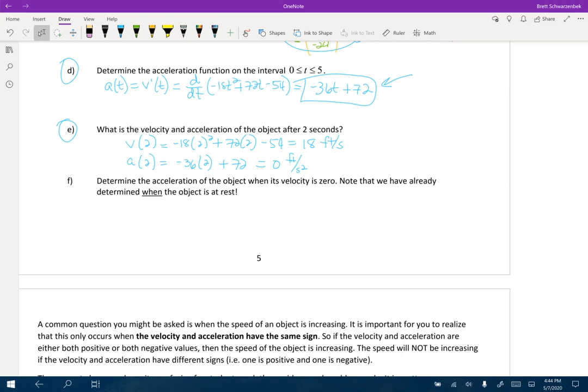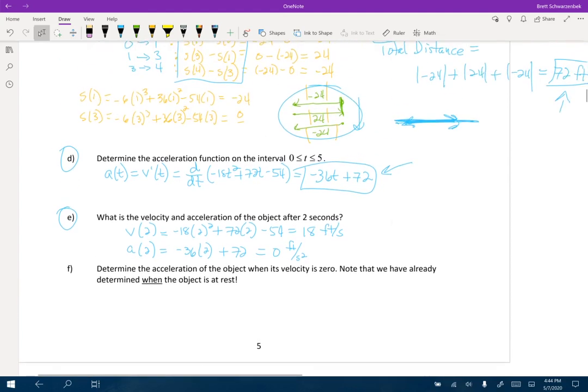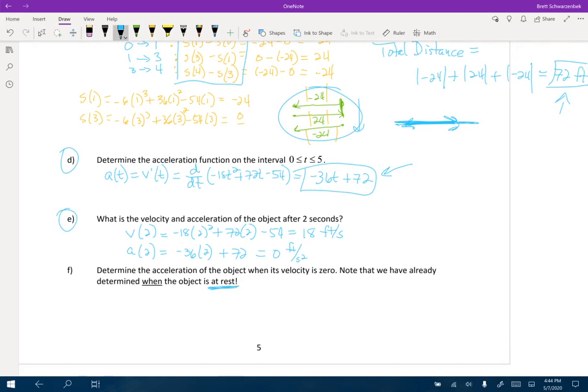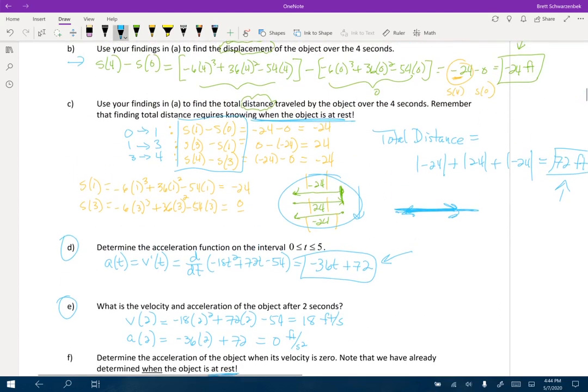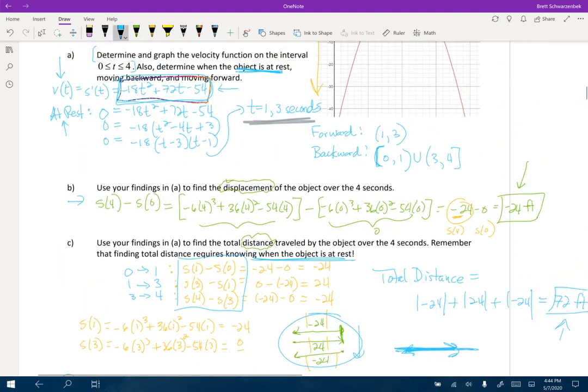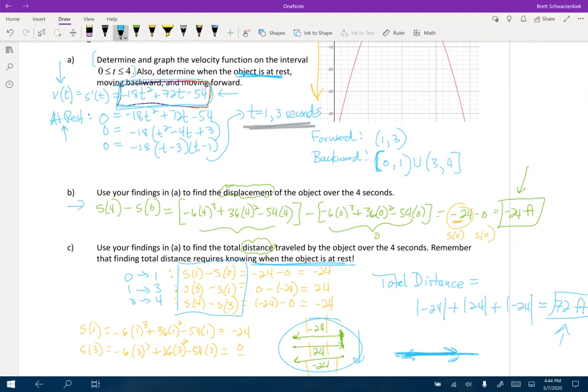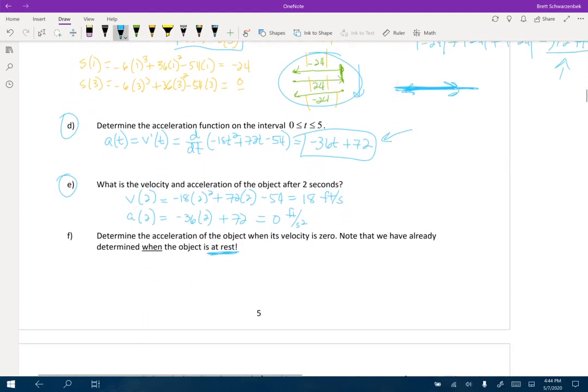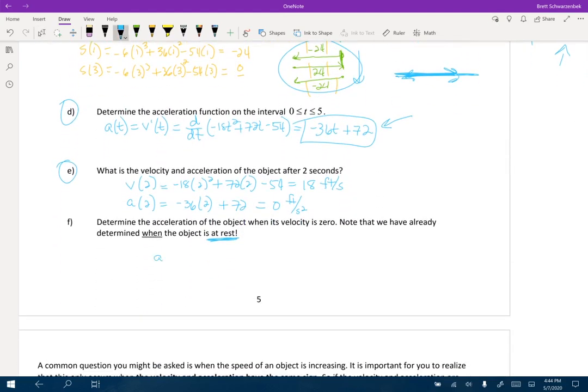Because I claim we've already determined when the velocity is 0, or in other words, when it's at rest. At what times? At 1 and 3 seconds. They want to know, therefore, what is the acceleration at each one of these times. And that's all they're looking for.